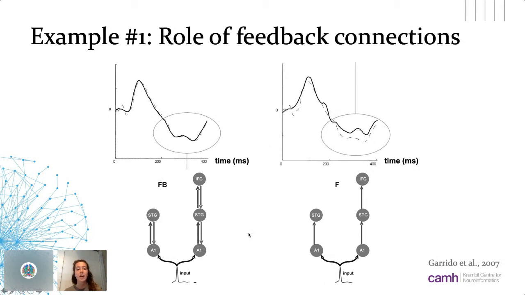So again, these findings are in line with the hypothesis that the brain is continually trying to infer incoming sensory input, which entails passing prediction errors up the hierarchy, and then later passing predictions about incoming stimuli back down via these backward connections.